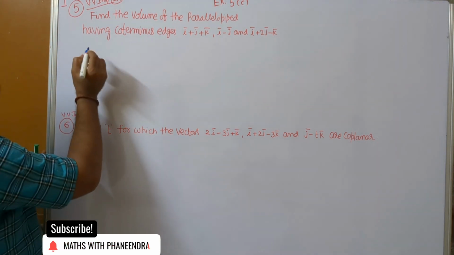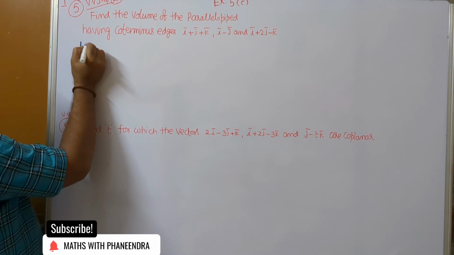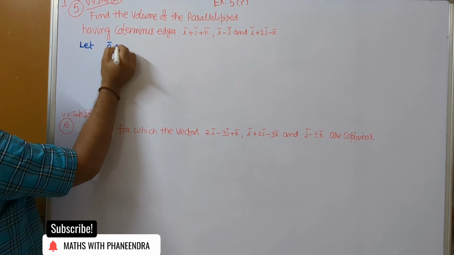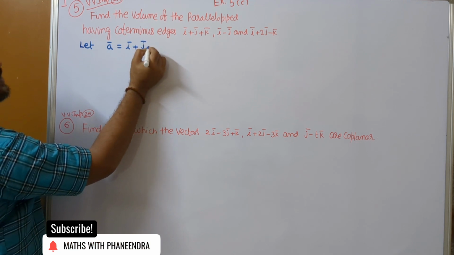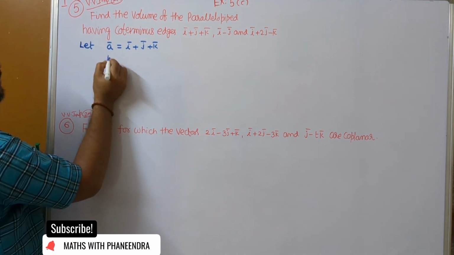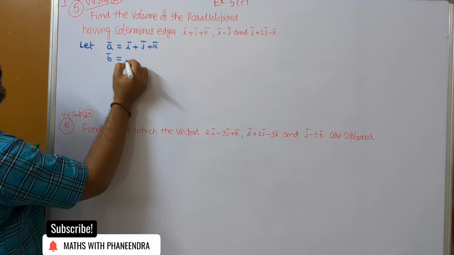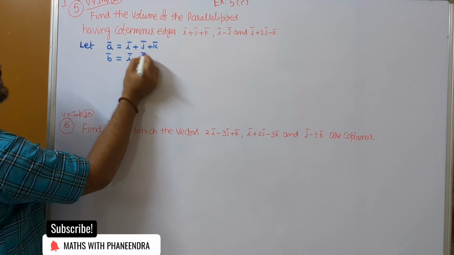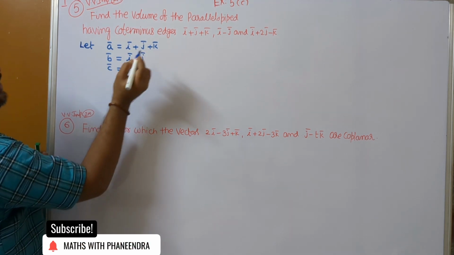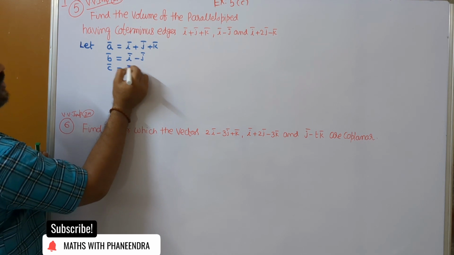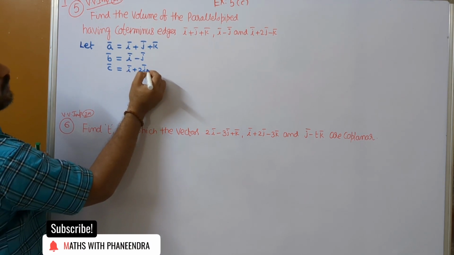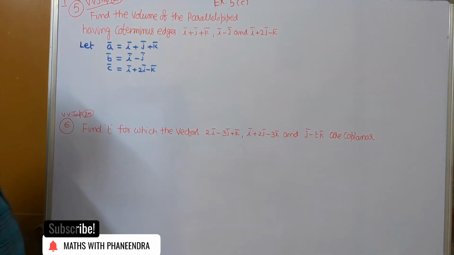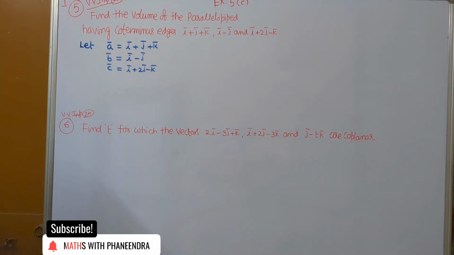First, in the solution step, let a bar equal to i plus j plus k, b bar equal to i minus j, c bar equal to i plus 2j minus k.